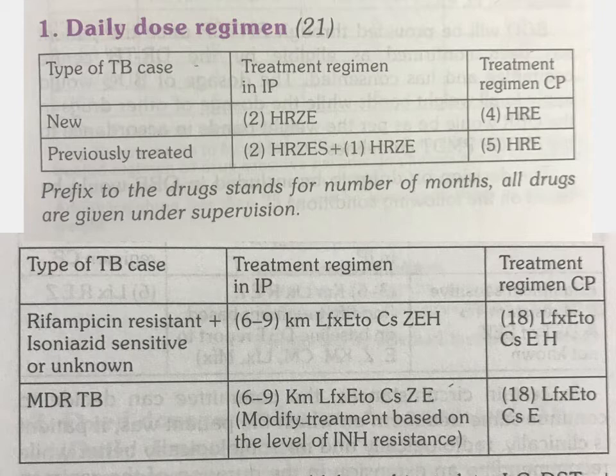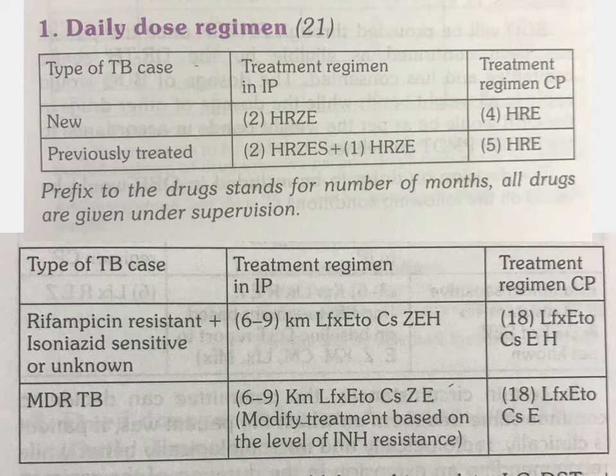You can go through them, and we talk about the type of TB case, either it's new or previously treated, and then what is the treatment regimen in the initial phase, and then in the continuation phase treatment regimen. And these abbreviations are of the medications.